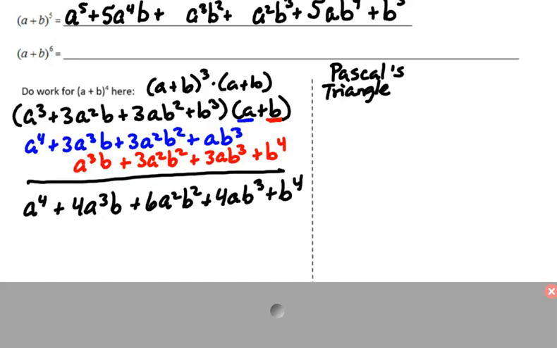So we start out at the tip with 1, then we have 1, 1. Then 1, 2, 1. Then 1, 3, 3, 1. You can see how it's forming a triangle. Then we have 1, 4, 6, 4, 1.